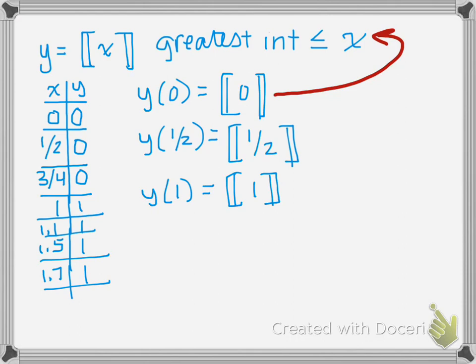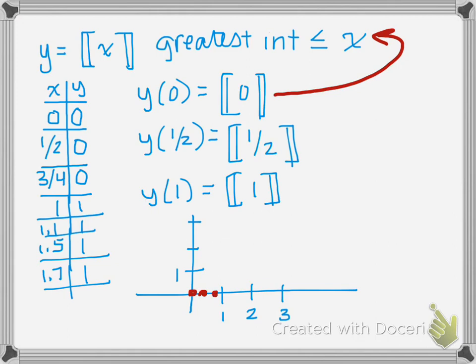So when I graph this, if we can think about the graph of this, I go with a scale of 1 on the x-axis and a scale of 1 on the y-axis, and then I plot the points (0, 0), (1/2, 0), (3/4, 0).